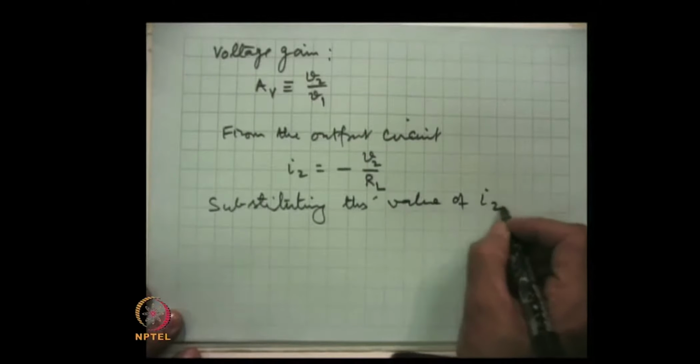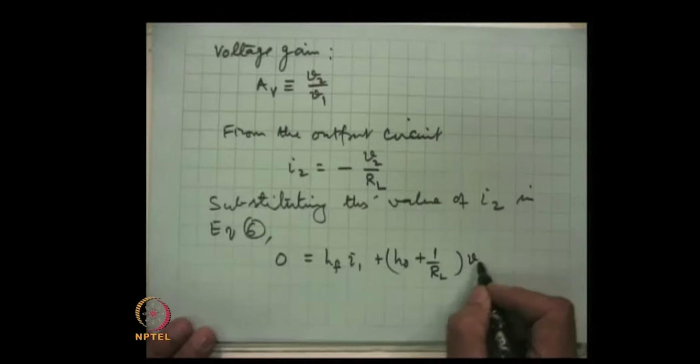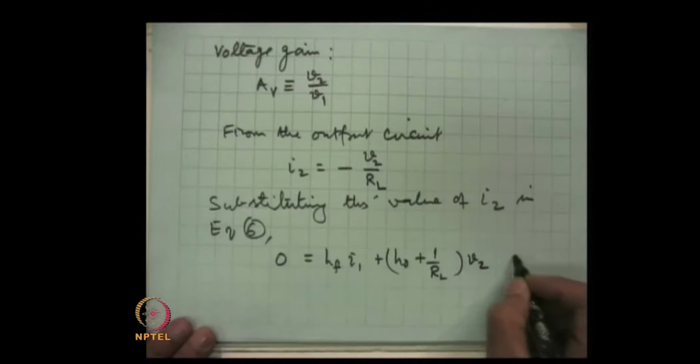Now, we substitute the value of I2 that we have determined here, and so we get, let us call this equation 7.